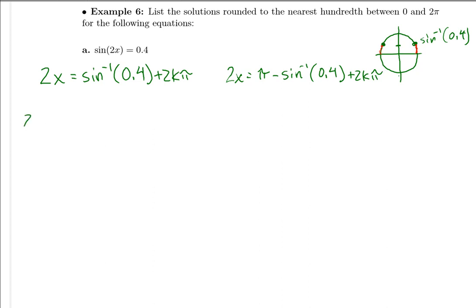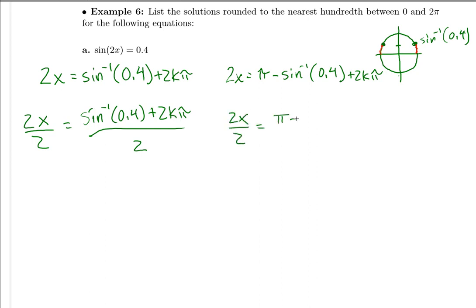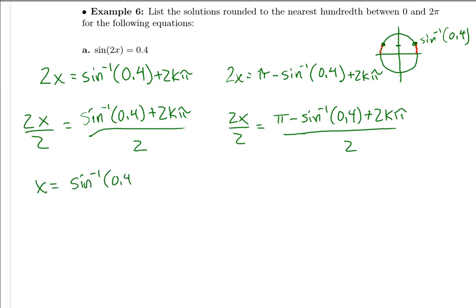And then in both cases, we can divide by 2 on both sides. So I end up with x equals the sine inverse of 0.4 over 2 plus k pi, and then x equals pi minus the sine inverse of 0.4 all over 2 plus k pi.